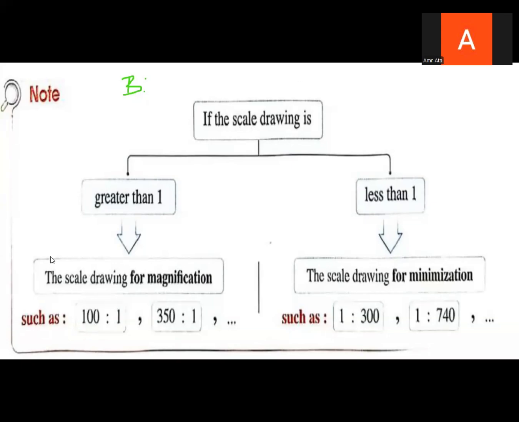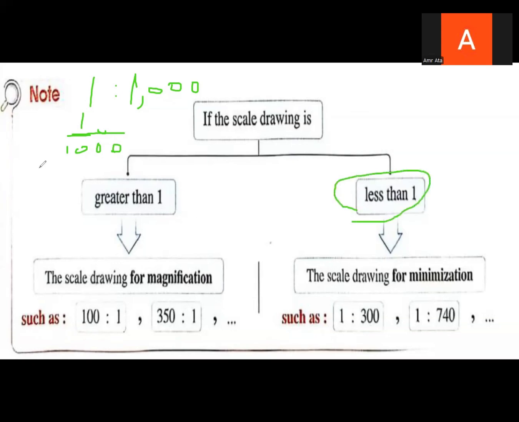For example, if I have scale drawing 1 to 1000, it means 1 over 1000. Okay, it means the scale drawing is less than 1.